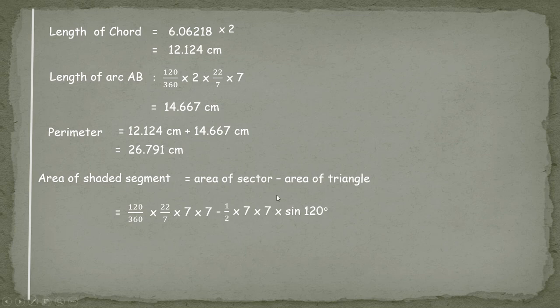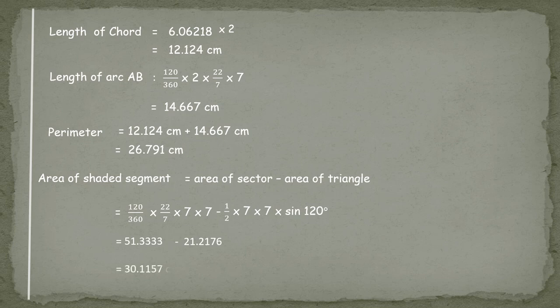Where is this one coming from? We said that once we have a triangle with two sides and the angle between the two sides, then the area will be a half times the first side times the second side, times the sine of the angle between the two sides.